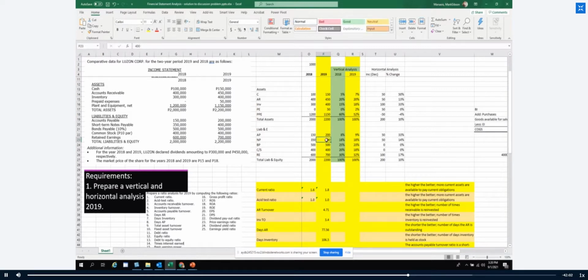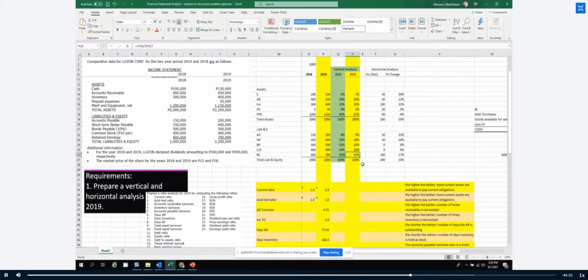That's 400,000 divided by 2,200,000 pesos. Then you have your bonds payable of 23%. That's 500 divided by 2,200,000. And for your common stock, that's 400 divided by 2,200,000 or 18%. And finally, for your retained earnings, 700,000 divided by 2,200,000 is equal to 32%.